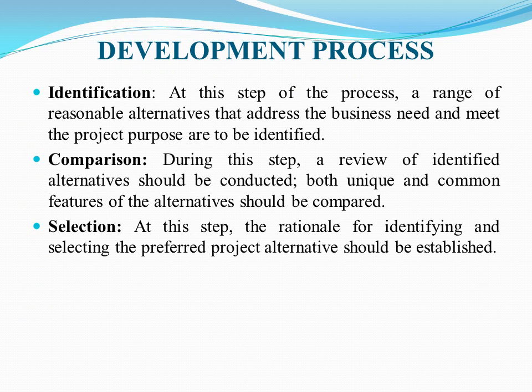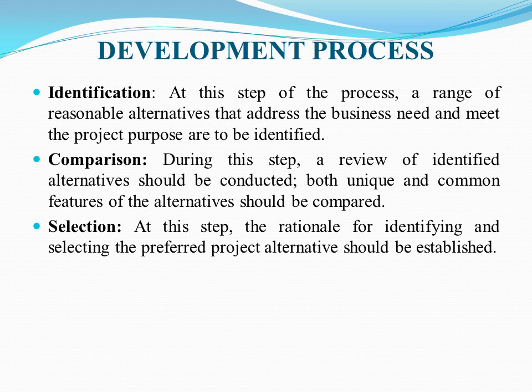In developing process, we do 3 steps. First, identification. At this step of the process, a range of reasonable alternatives that address the business needs and meet the project purpose are to be identified. Comparison.